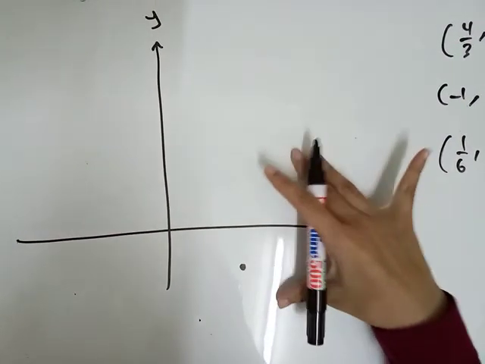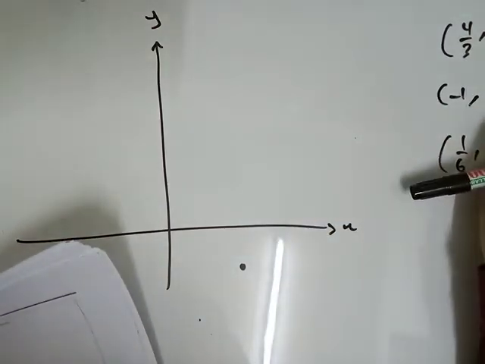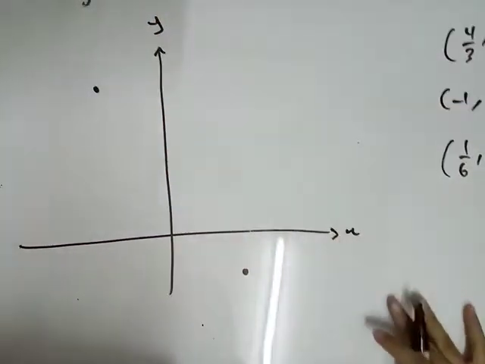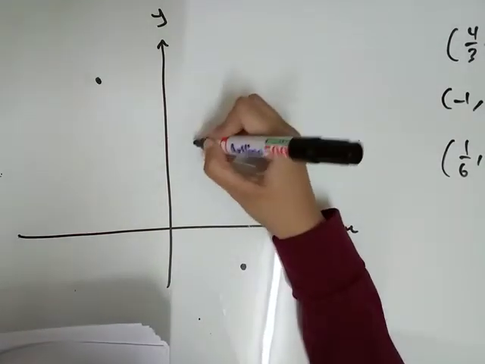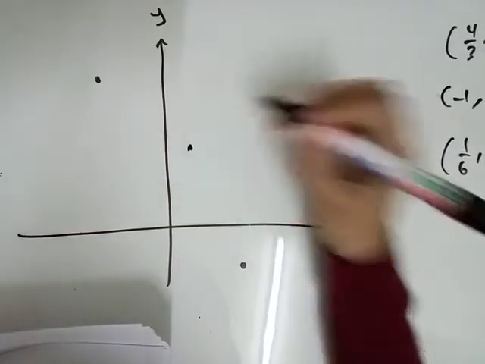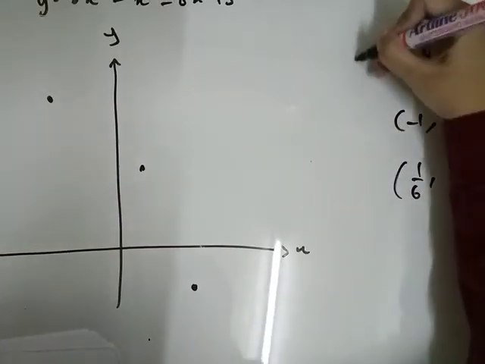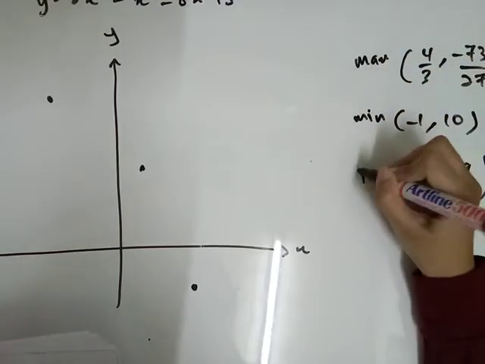And then negative 1, 10 dia dekat sini. And then the inflection point dia kat sini. We know that this point is maximum point, right? This is minimum point. This is inflection point.